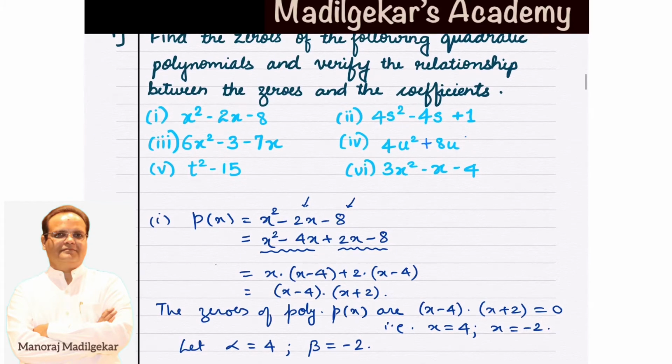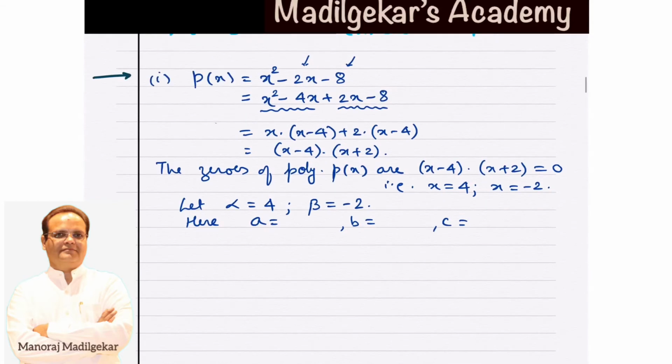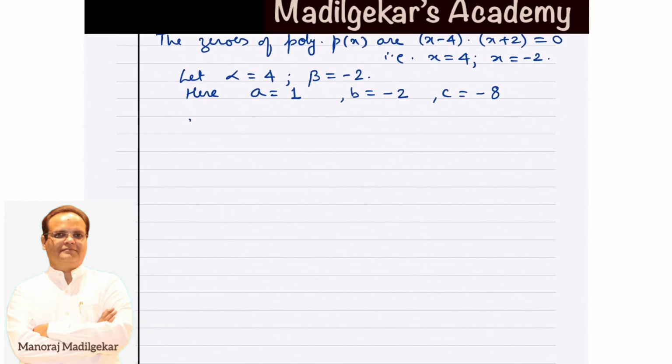Now the next step is to verify the relationship between the zeros and coefficients. Here the coefficients a, b, c from given p of x: a is 1, b is minus 2 and c is minus 8. First is to find the sum. So sum of zeros, alpha plus beta, is 4 minus 2.